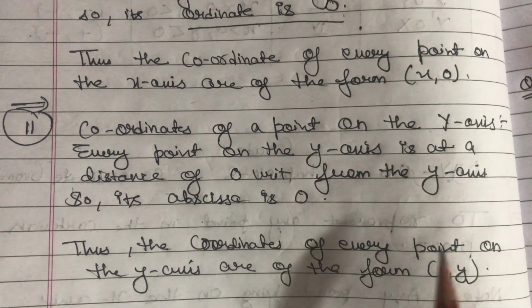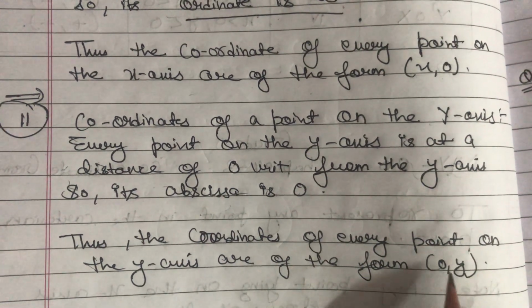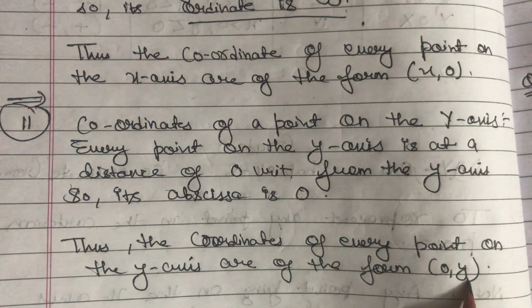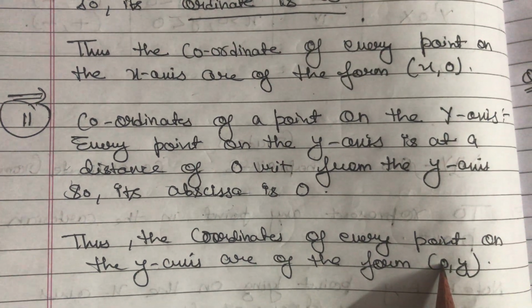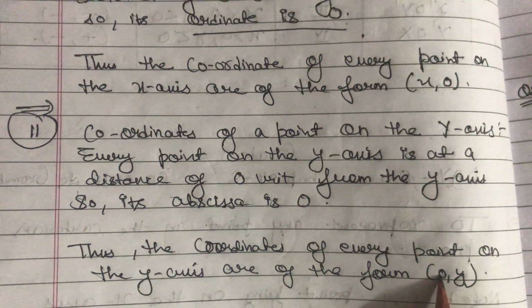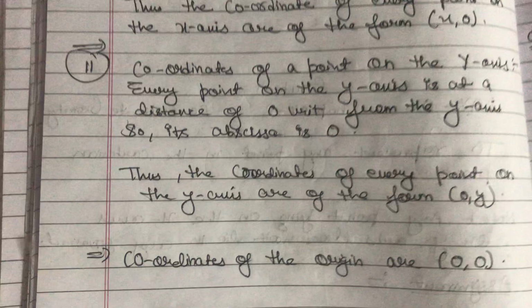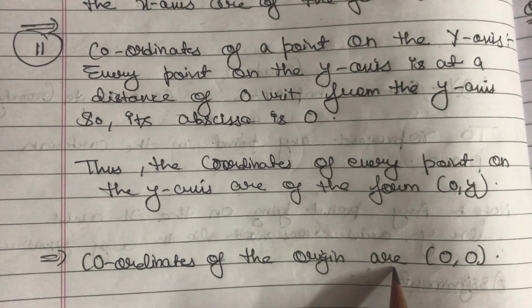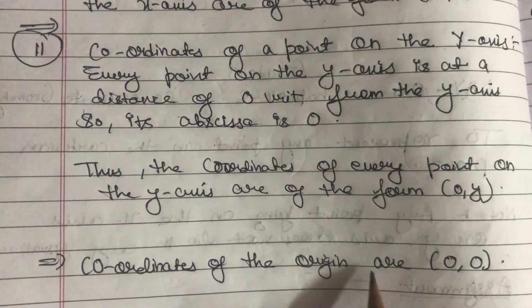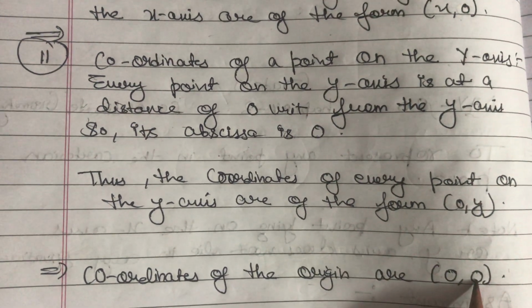The coordinates of every point on the y-axis are of the form 0, y, which means as the point is lying on the y-axis, its x-coordinate is 0. And also the coordinates of the origin, which I already told you in the last video, are 0, 0. That means x is also 0 and y is also 0.